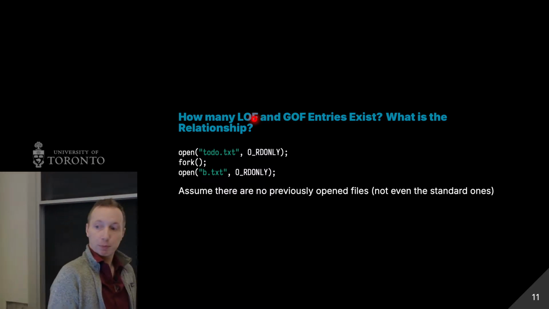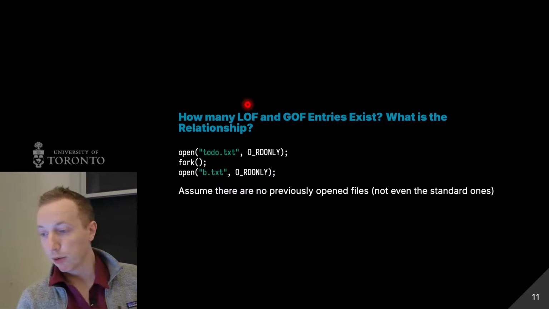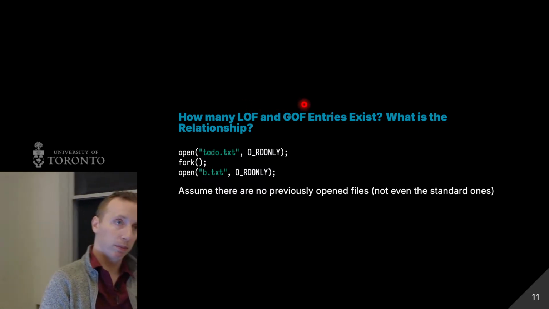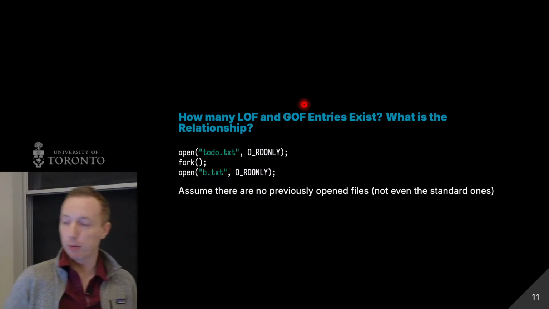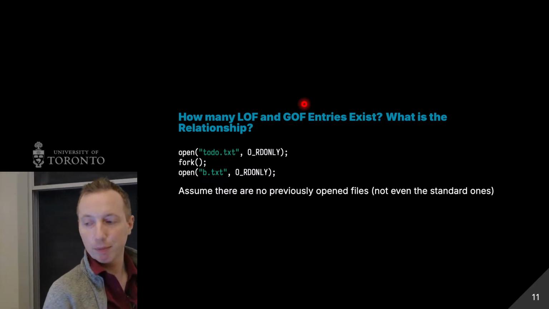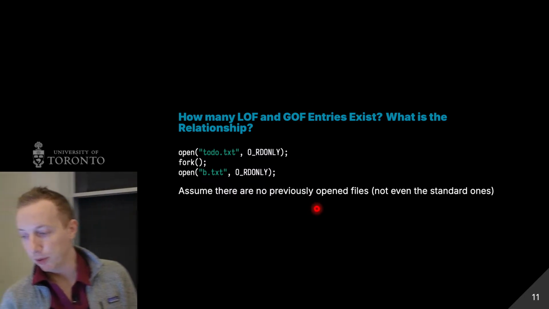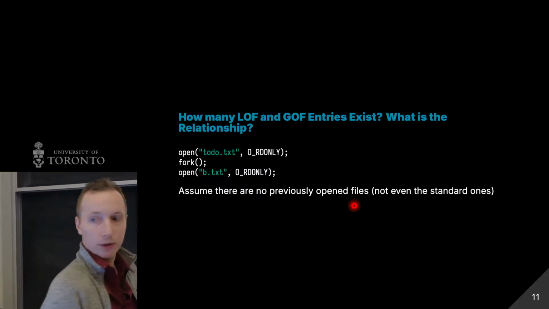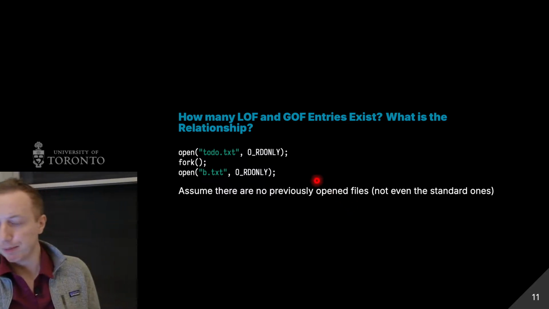Each process would have its own local open files, and then it's one set of global open file tables for the kernel. And for argument's sake, we will assume that there are no previously open files. Even the standard file descriptors didn't get opened or anything like that.